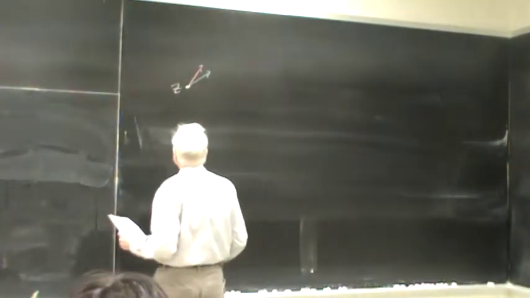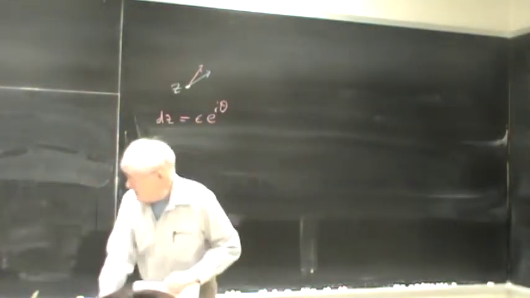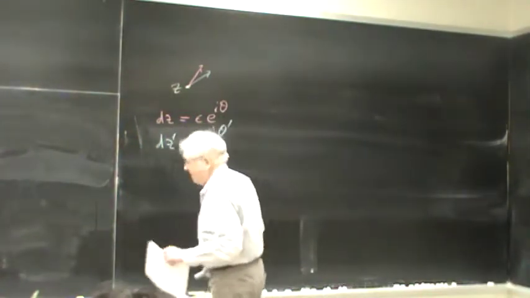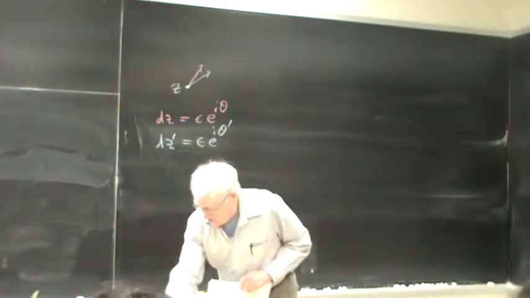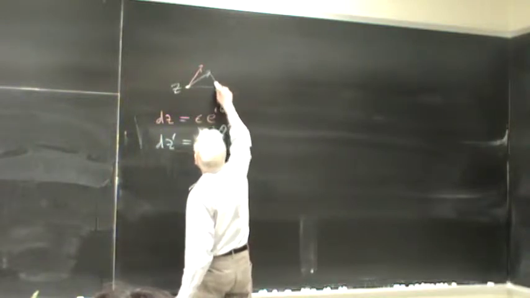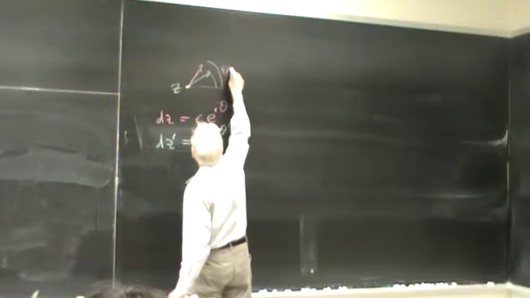Suppose in both cases, dz is epsilon e to the i theta, and dz prime is epsilon e to the i theta prime. And so we're talking then about angles. So this angle is theta prime, and this angle is theta.